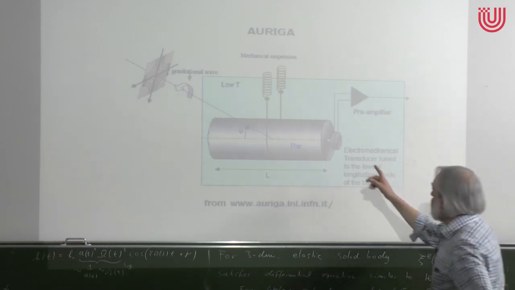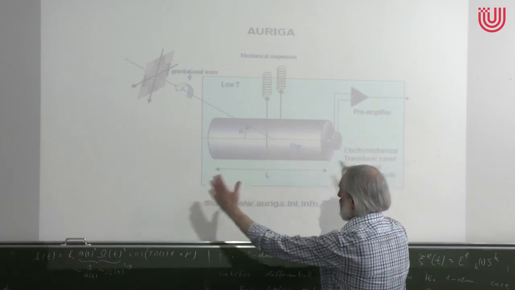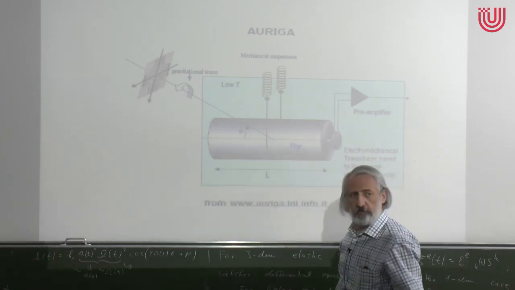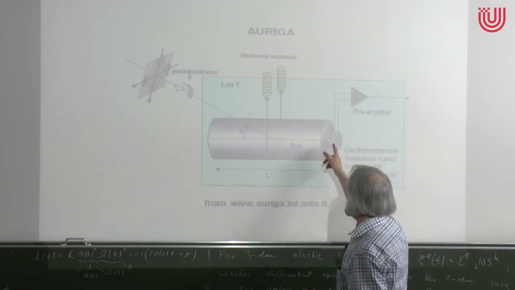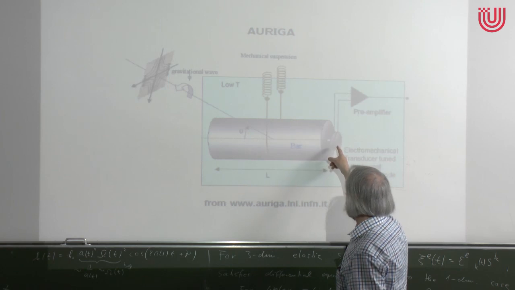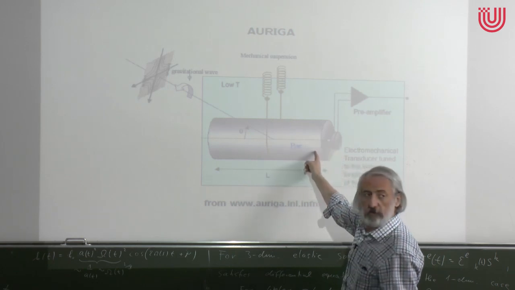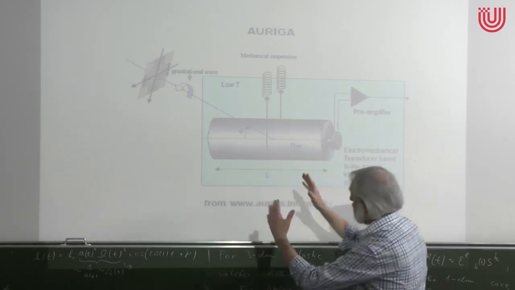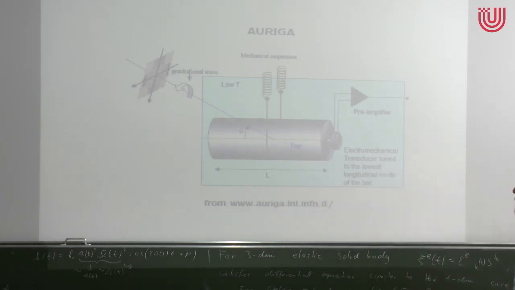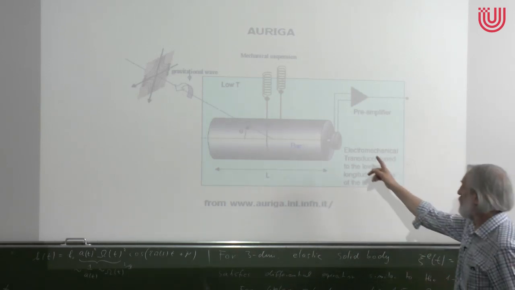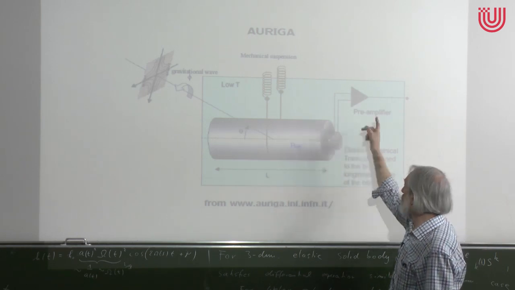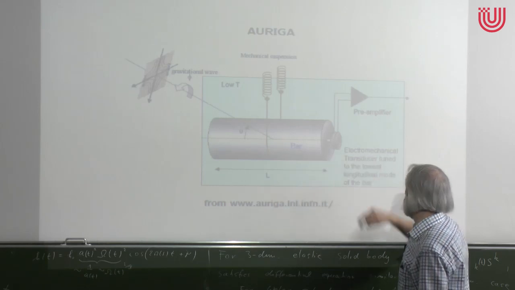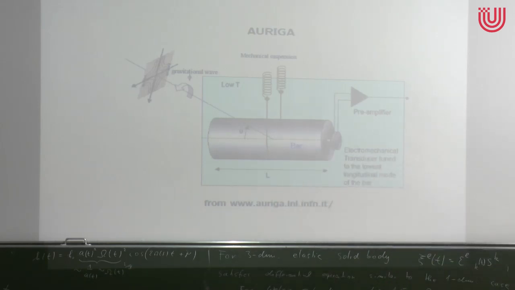And what is actually measured is not the deformation of the whole bar, as Weber did with his quartz crystals, but rather the motion of a little mass, 1 kilogram or so, which is attached to one of the ends. So if the cylinder starts oscillating, if the resonance frequency is hit, then this little mass would also be set into motion. And what is actually read out is the motion of this little mass, which is called an electromechanical transducer. So that was the principle of this thing.